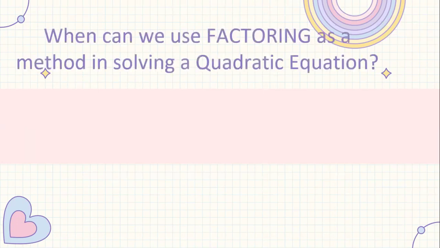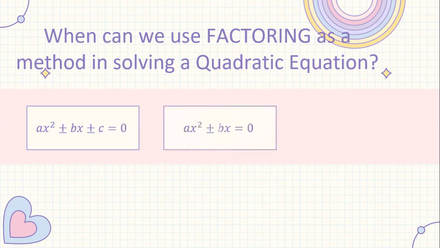So when can we use factoring as a method in solving a quadratic equation? First, we can use factoring in this form: ax squared plus or minus bx plus or minus c is equal to 0. And even in this form, ax squared plus or minus bx is equal to 0, without the constant.